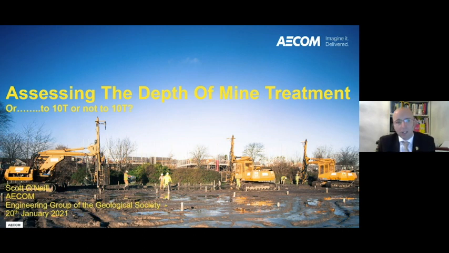Well, it goes back to that. The Coal Authority have got a definition around shallow workings, but really it's competent rock. In the true sense of the 10T rule, it's 10 times the thickness of competent material. And what is competent material really comes down to you as a geologist or an engineer.